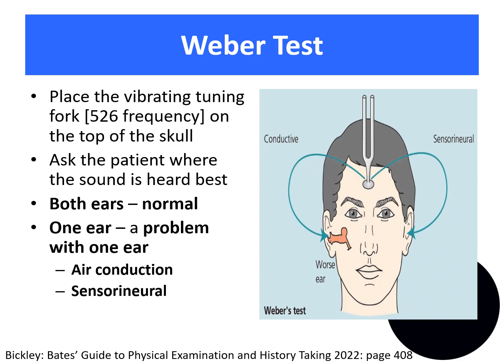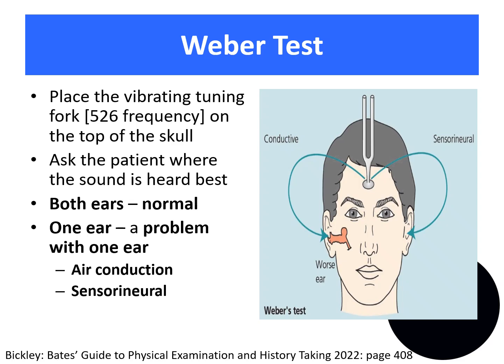So an abnormal Weber test, which lateralizes the sound to one ear, does not tell you that the problem is in that one ear. It could be in the other ear. So all an abnormal Weber test means is that you have a problem in one ear, nothing else.